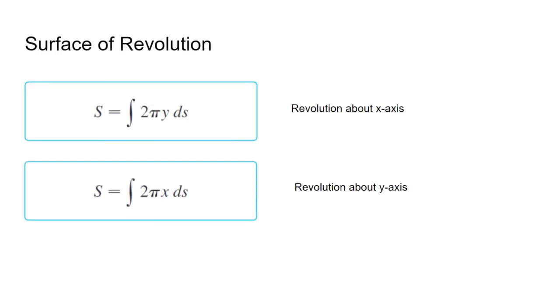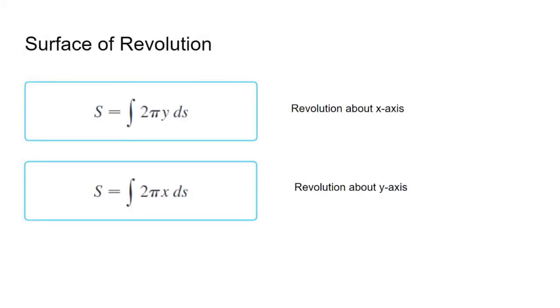So now we have surface of revolution. From these two formulae, there are 4 things that could happen.